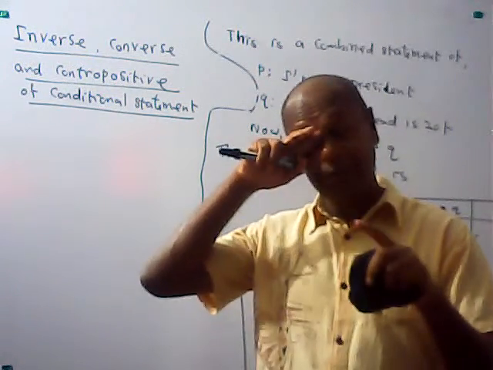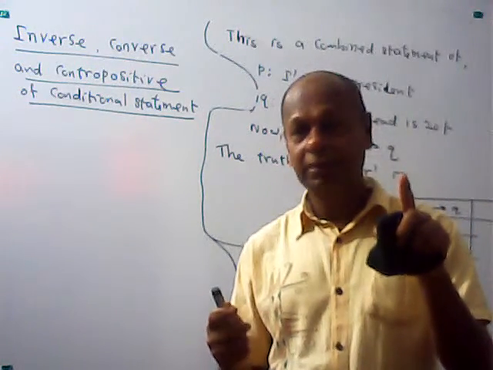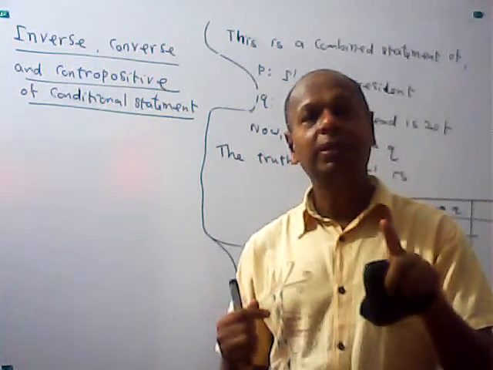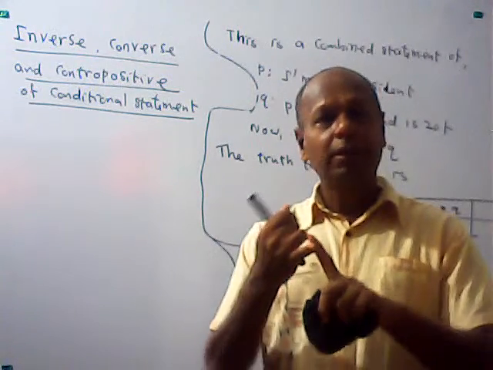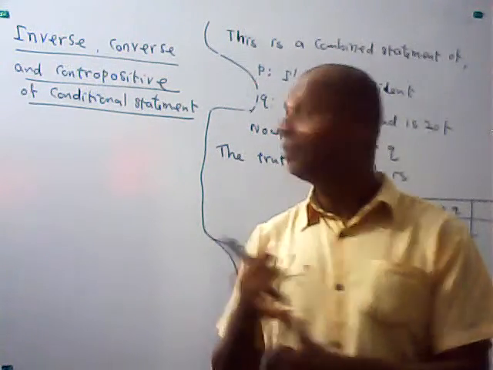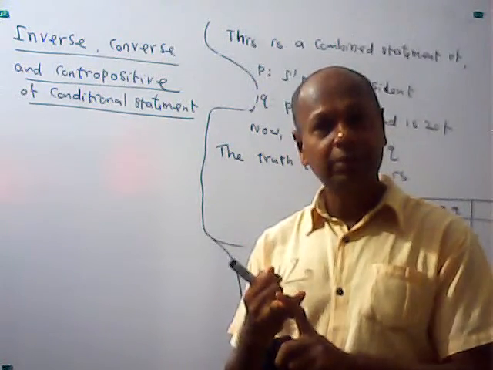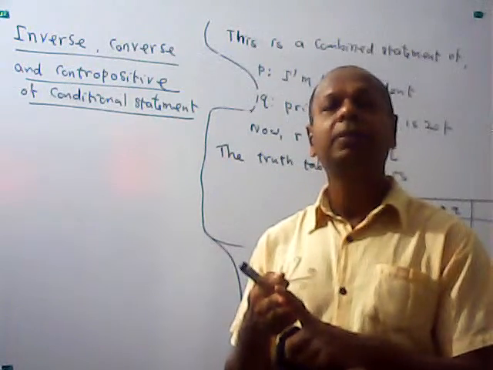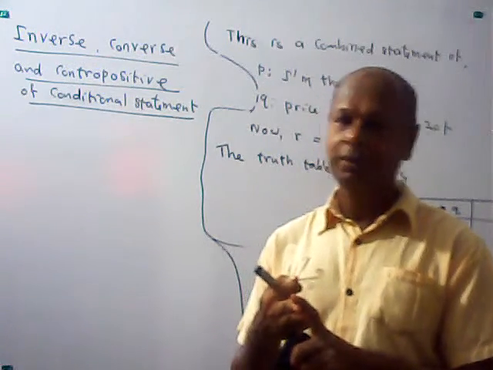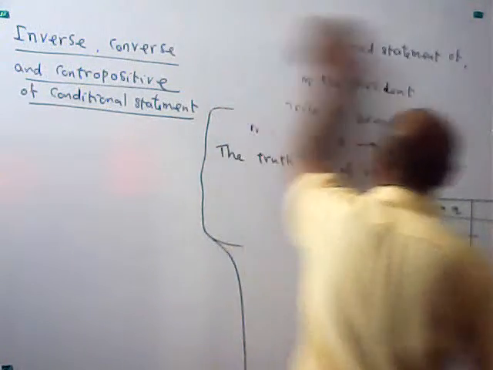You have a conditional statement P implies Q. Going with that, we meet three other terms: inverse of the statement, converse of the statement, and the contrapositive of the statement. Let's see what they are.